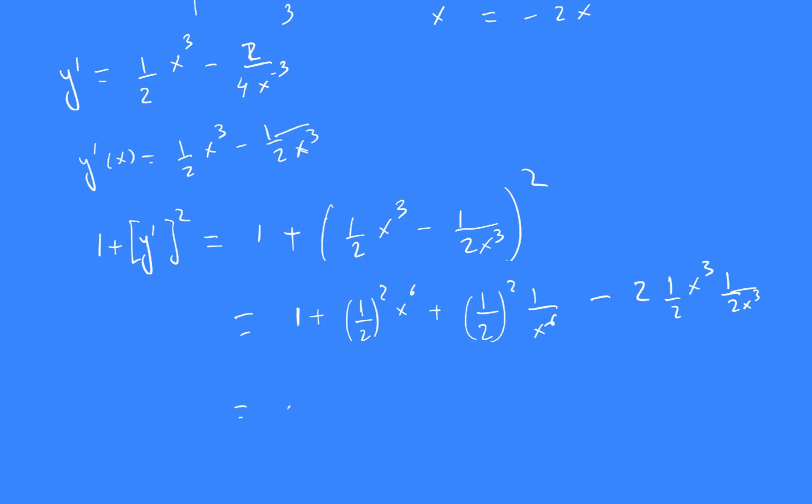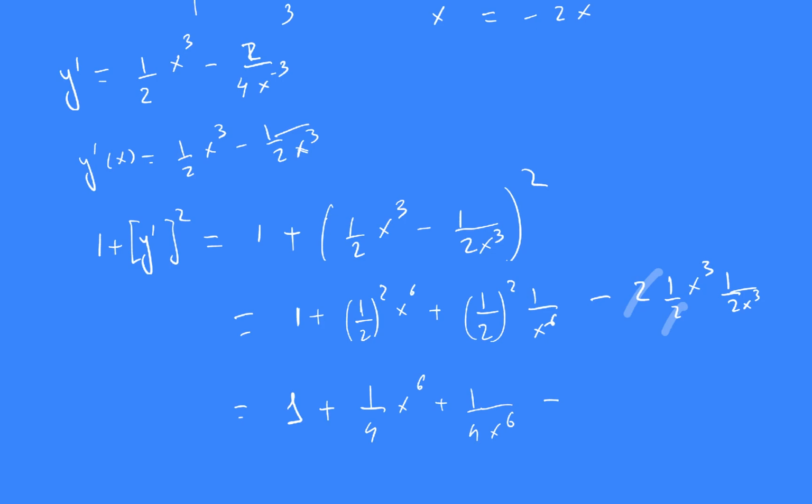So it will be 1 plus 1/4 x to the 6 plus 1/4 x to the minus 6 minus, and these will cancel.